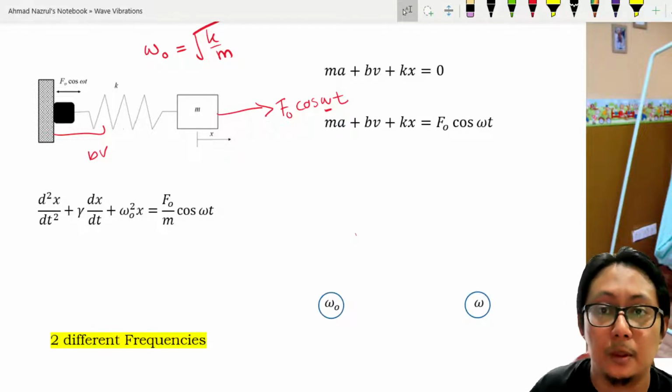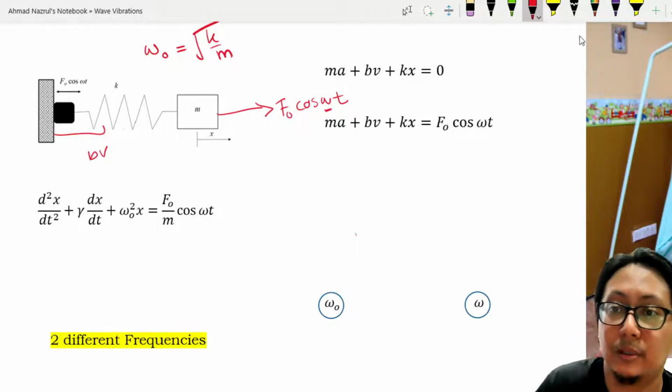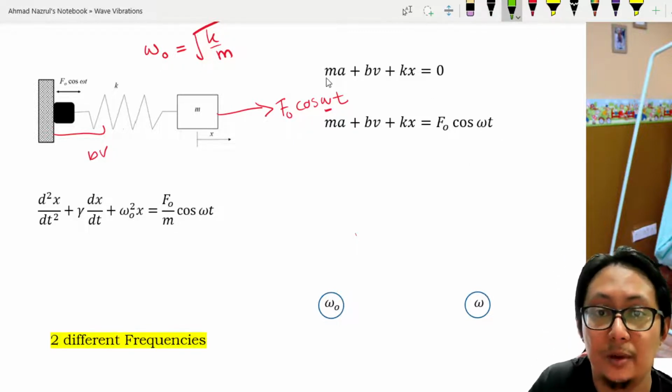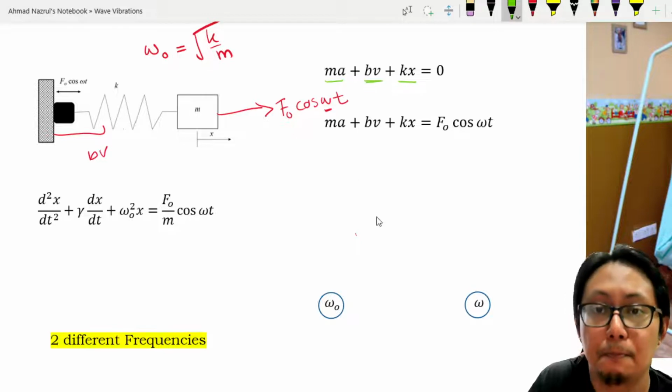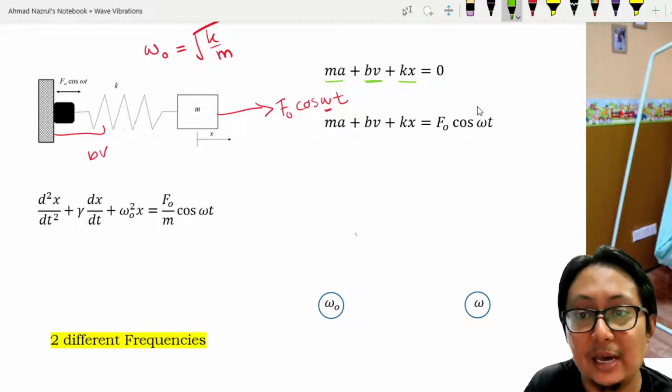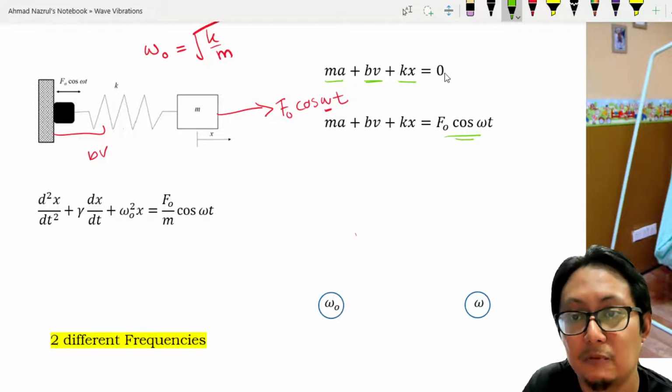Now remember the damping and the mass-spring system that we discussed before, simple harmonic motion. We have Newton's law, Hooke's law, and damping here. Right now, there is an additional F naught cos omega T instead of being equal to 0.